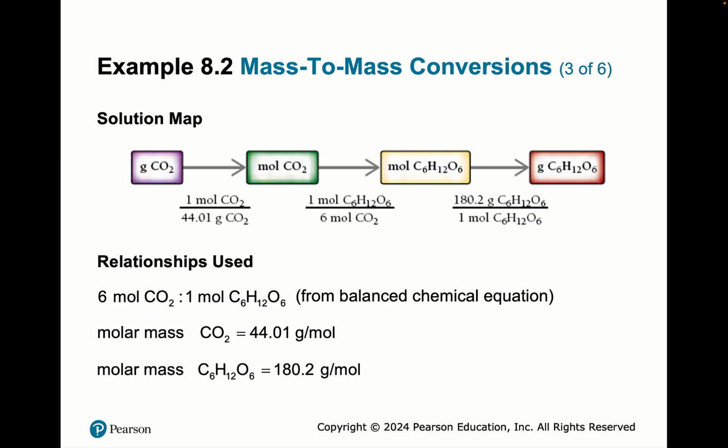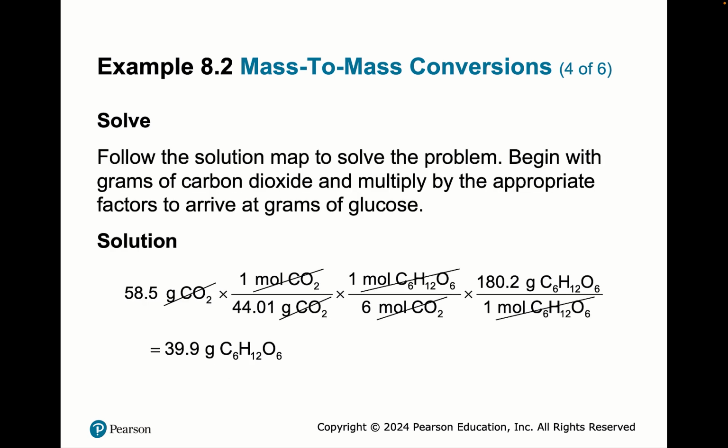Here are the individual steps, and there's a new one here: converting between moles of carbon dioxide and moles of glucose. And you do that by using the balanced chemical equation. That middle step is usually where students have the hardest time.